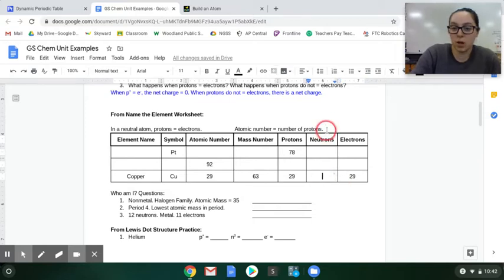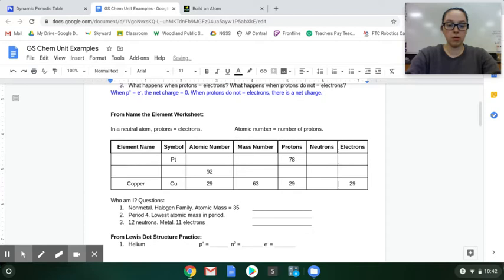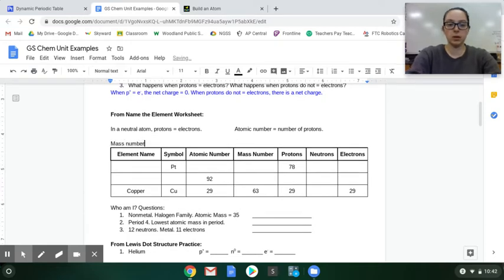And what's helpful is that we just figured out in the simulation that my neutrons and my protons contribute to the mass number. So we all know this mass number is equal to protons plus neutrons. Now I know what my mass number is, and I know what my protons are.